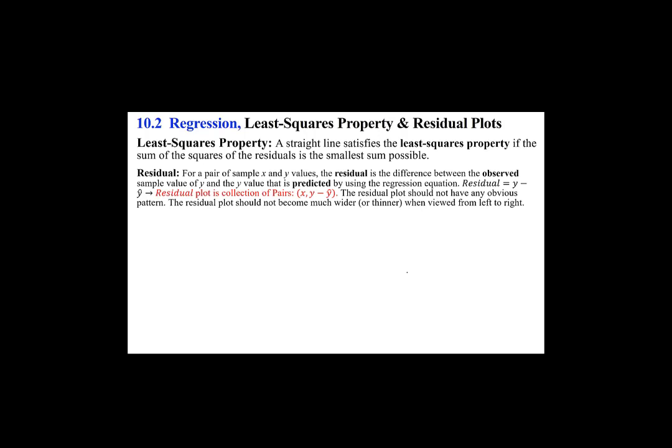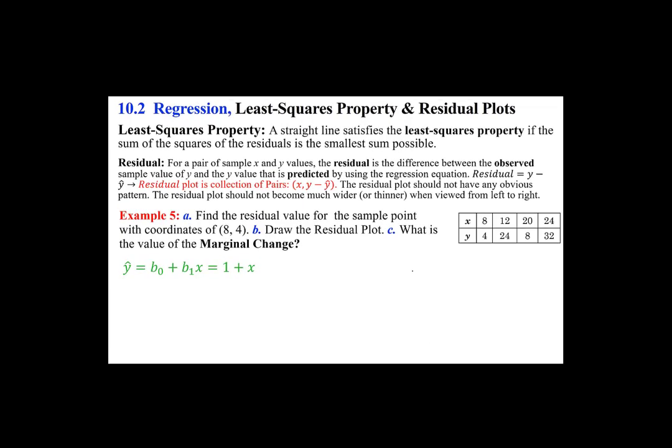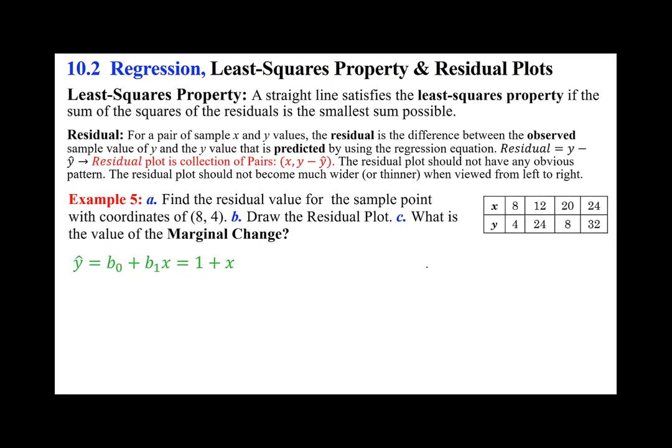So basically, what is a residual plot? It contains pairs. What pairs? x, comma, y minus y hat. So here's a table, a simple example. We want to find the residual value for the sample point with coordinates 8, 4.